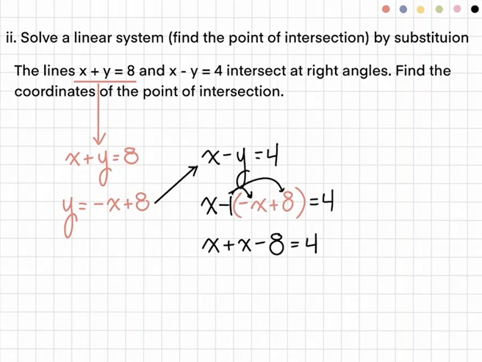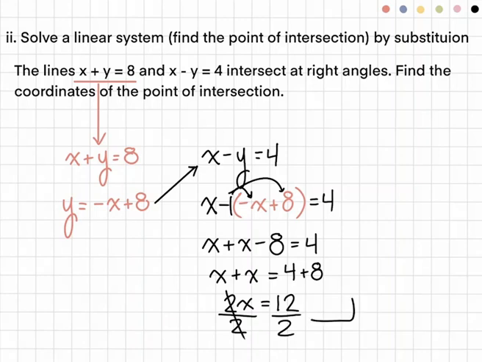And that equals 4. If you want to further organize it, you can do it this way. Some people like to do this part in their head. It's up to you. I'm just going to show you all my steps. Never hurts to show all your work. And we want to isolate for x. So we're going to divide by 2. That means x equals 6.